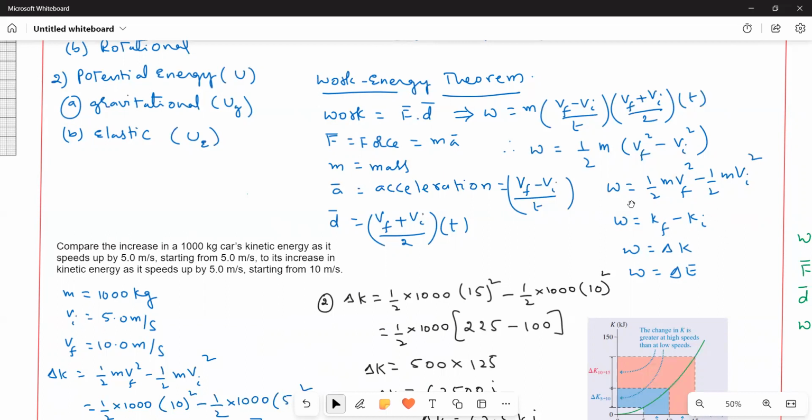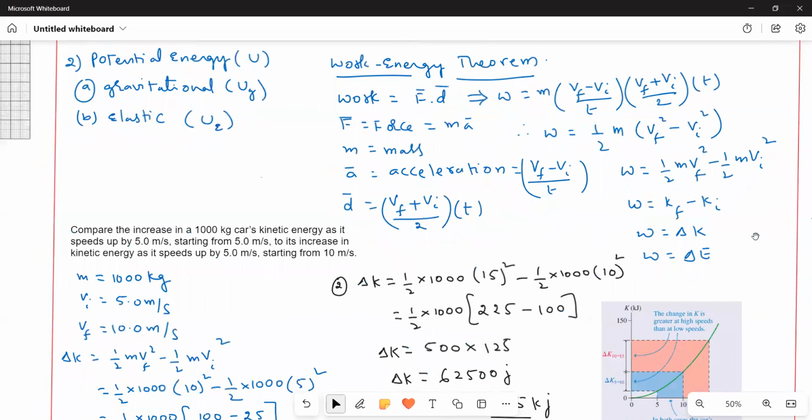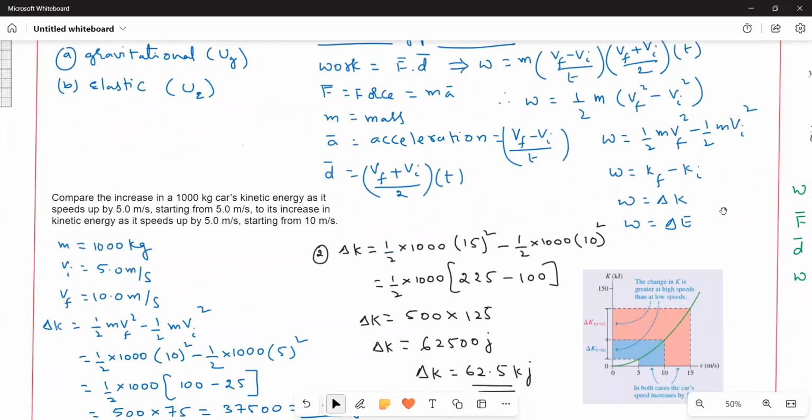Here, the kinetic energy depends on the square of the velocity, so a small increase in velocity manifests in more kinetic energy. Now let us see how through a numerical problem.